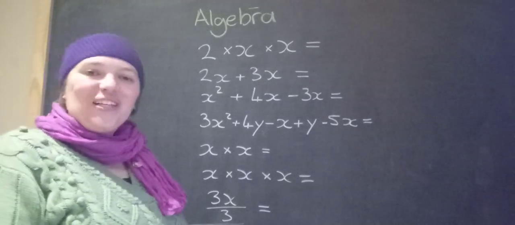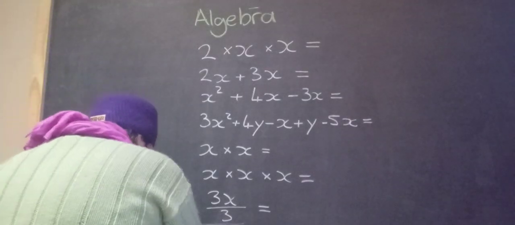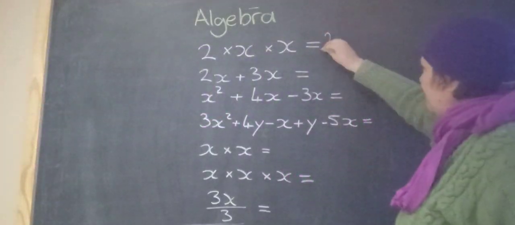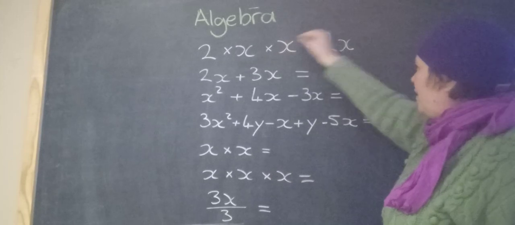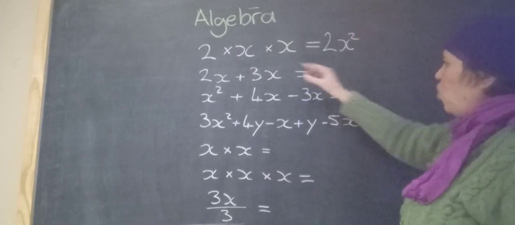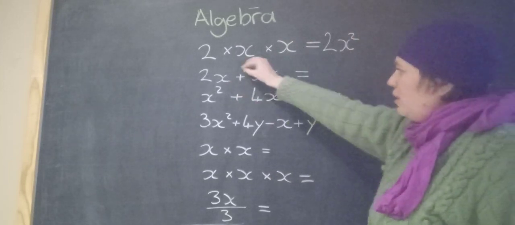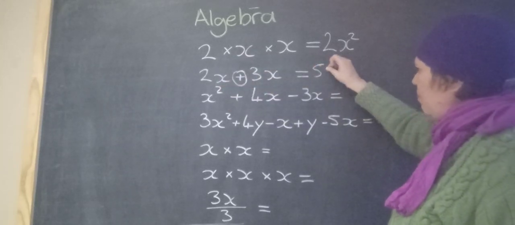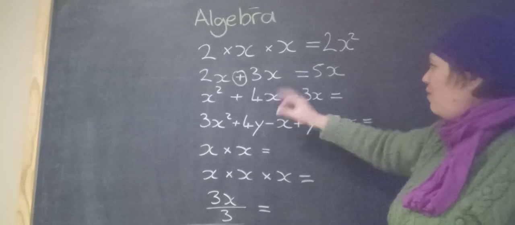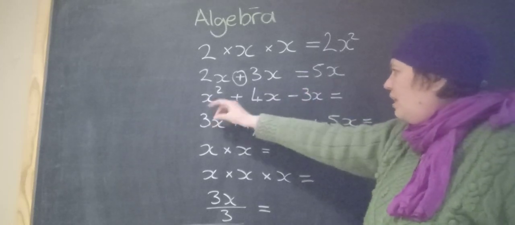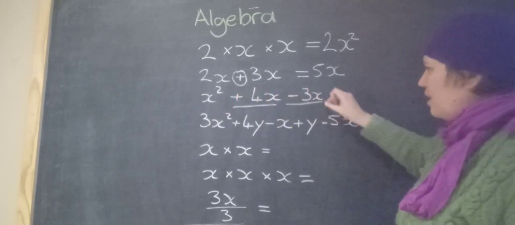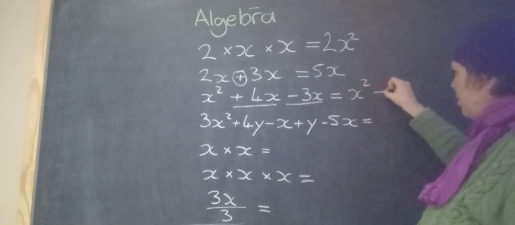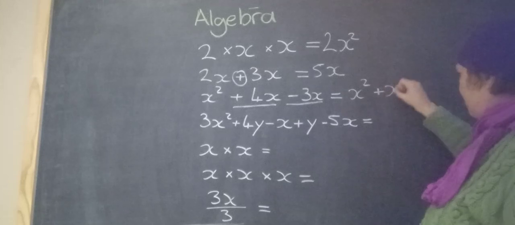And now we can quickly look at the answers. So here we've got a 2x and an x, and it's x squared. We have plus, so we've got 2 plus 3 is 5, and the variable is x. Here we can add that one and that one, so we have x squared plus x.